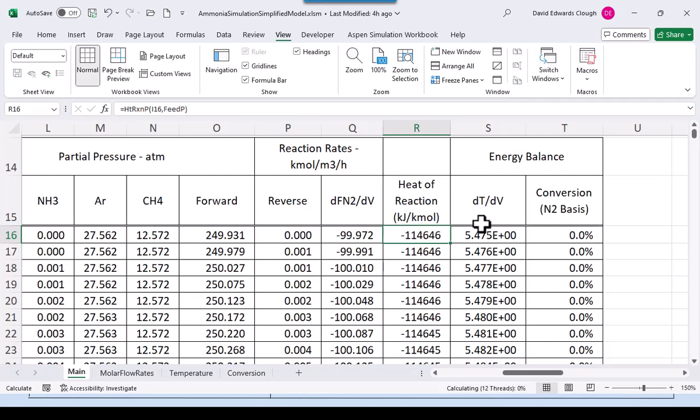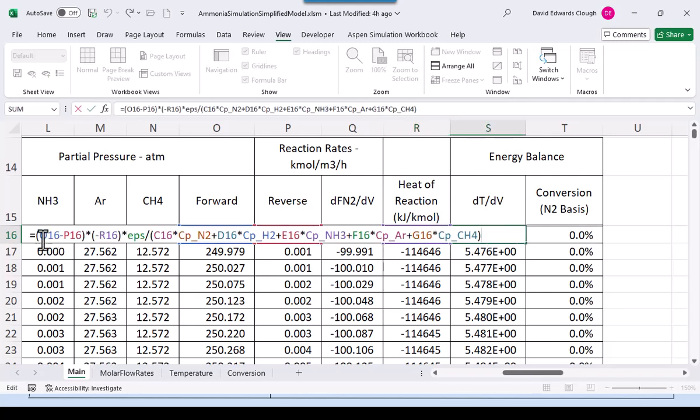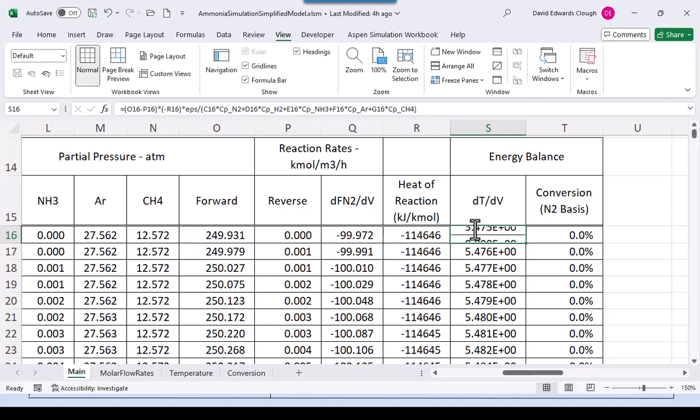Then we have our energy balance, and our energy balance computes a derivative according to the formula that had the numerator divided by the sum of the flows times the heat capacities, and that we have to calculate the differential. And then down here we can compute a conversion as a parameter of interest.